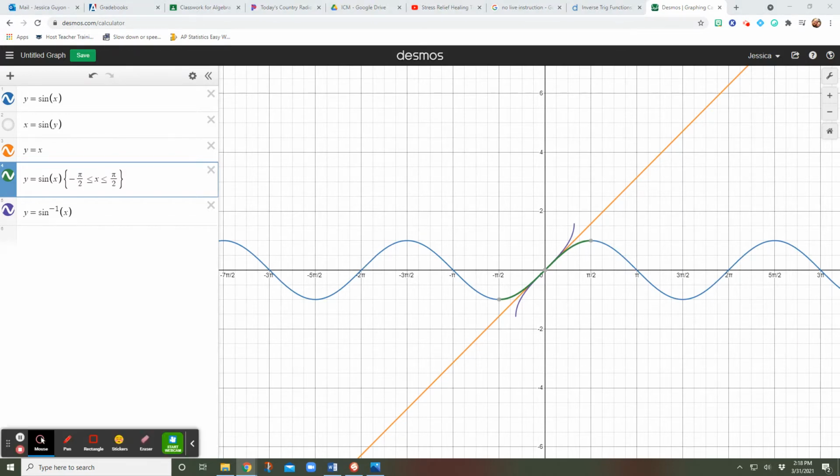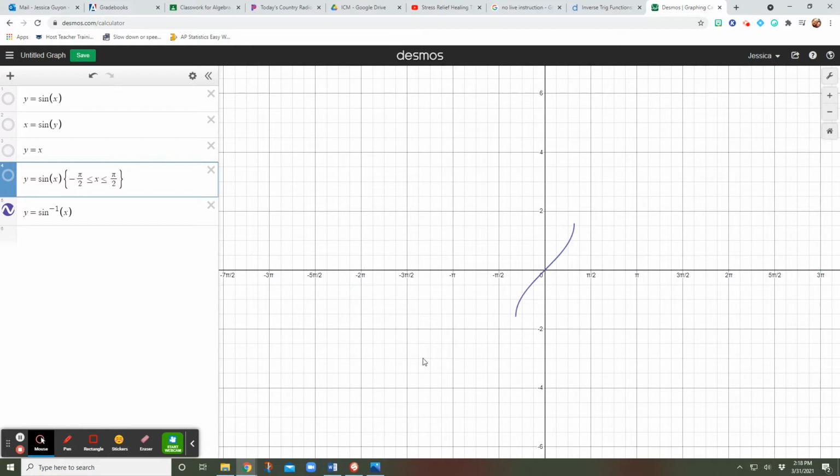Now that we have made the inverse a function by restricting the domain, we can find inverse function values. And so we're going to focus on just this little portion of our entire sine function, which when we reflect across that line, gives us our inverse graph.